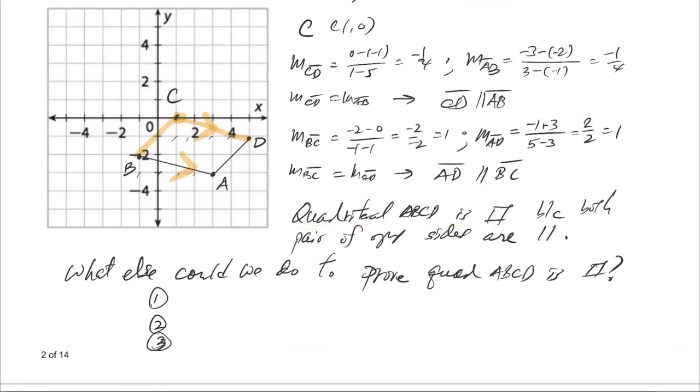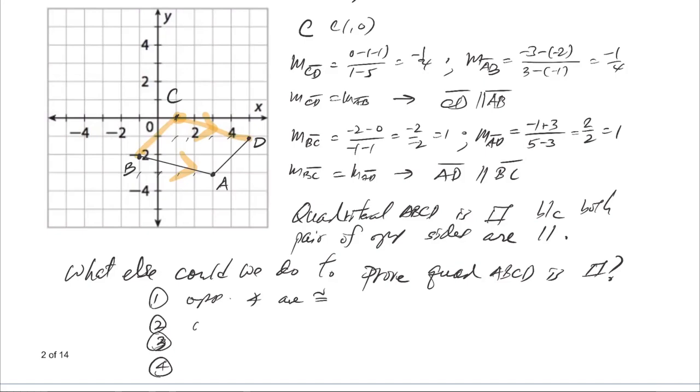What else could we do to prove quadrilateral ABCD is a parallelogram? I think there are a total of 4 aside from the definition. Do we not? Yeah. The first is what? Opposite angles are congruent. Well, we can't really use that because we don't know how to find angles actually, right?